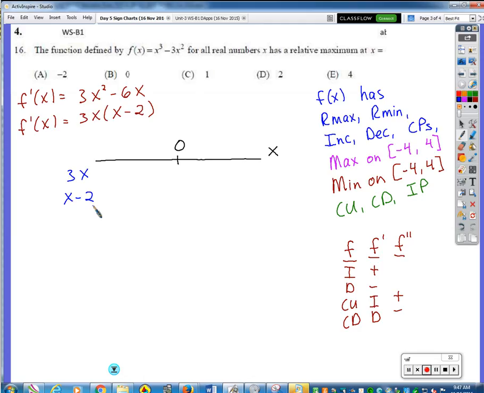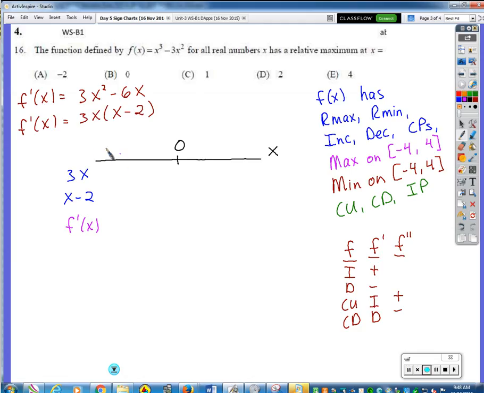All right. Here's how a sign chart is constructed. Basically, all you're doing is finding every possible value of f prime, just one x at a time. So let's start over here. This is like negative 100.